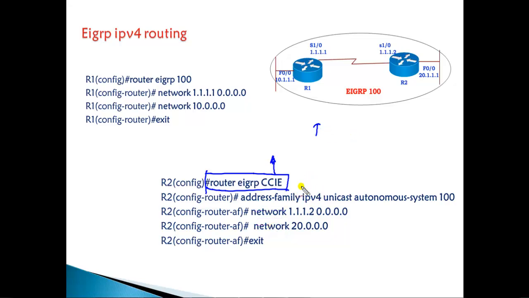So the first thing, we need to get into the address family before we enter the network commands or any command relating to specific EIGRP. The network commands are exactly the same, but they don't come in the normal router mode. They come under the address family mode.